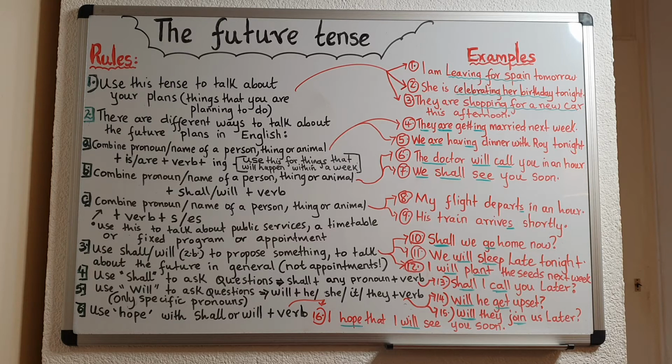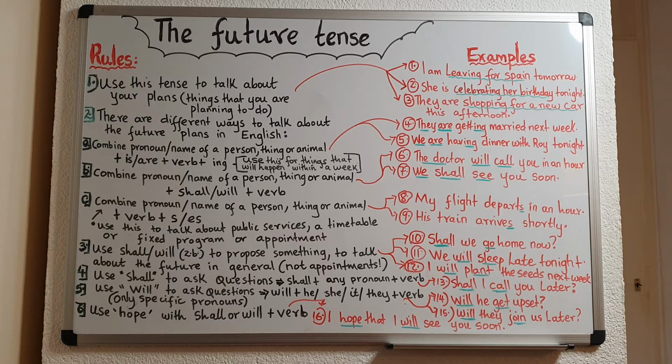You choose are because they means many people. When it is many people, we use are. They are getting married next week. So the pronoun is they, then we have chosen are, and then we have the verb get, and we add ing at the end of the verb.